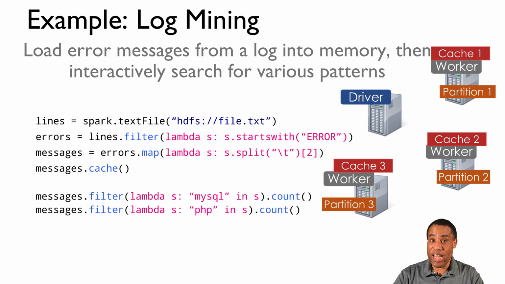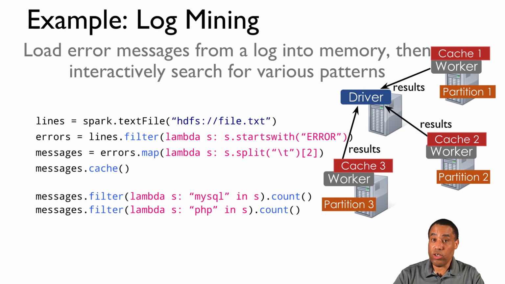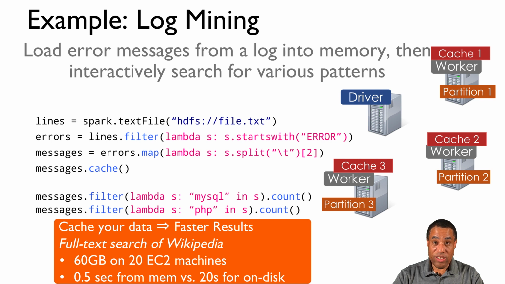So when it sends out those tasks to the workers, they can just process that filter by looking at the data that's in the cache, the saved copy of messages. Then it'll return the results back. So caching your data, much faster results.